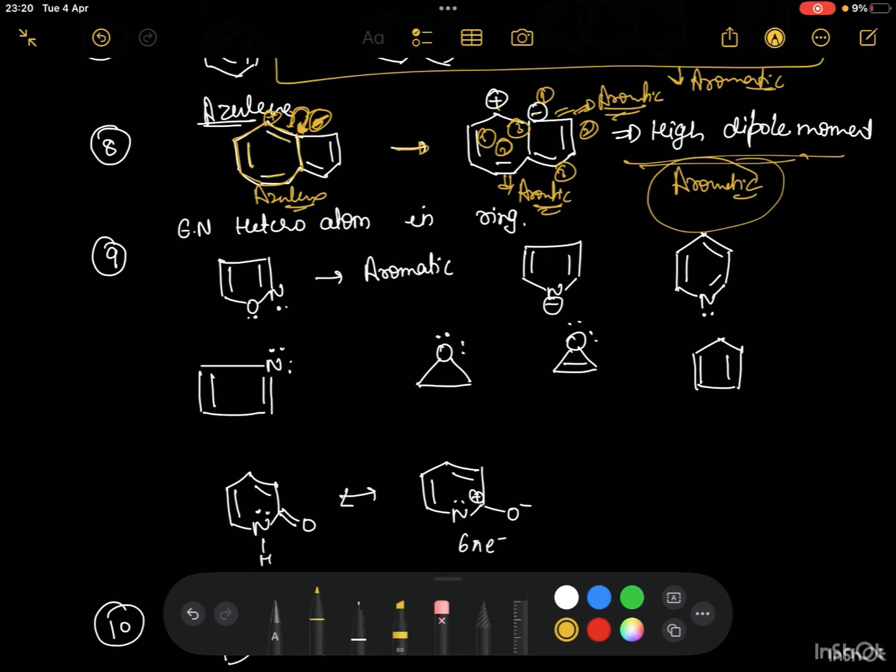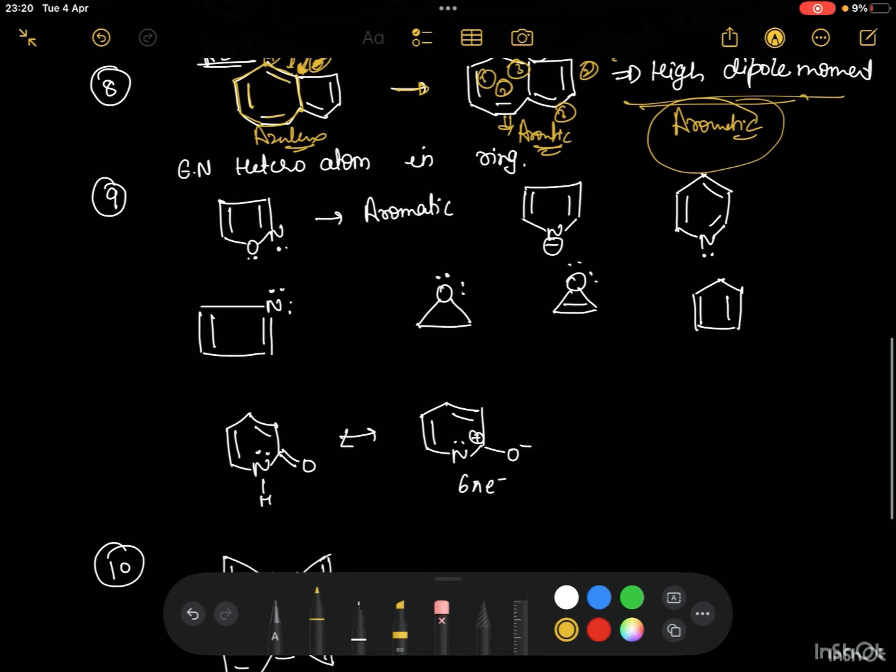If the examiner gives electronegative atoms in the system, what is happening here? First you have to see whether all are sp2 hybridized or not. This one is sp2 hybridization, 1, 2, 3, 4. That one is sp2, that one is also sp2.